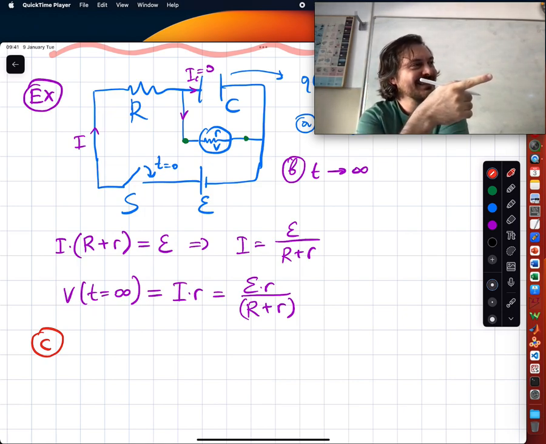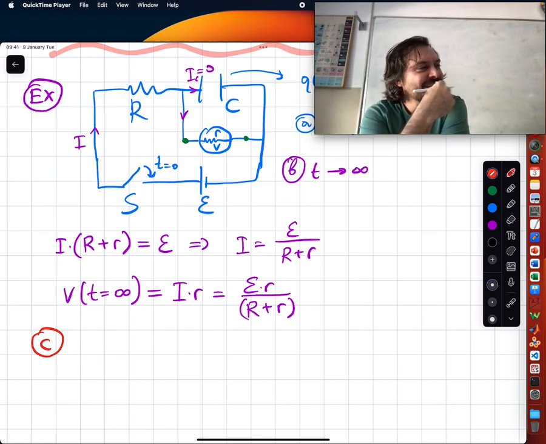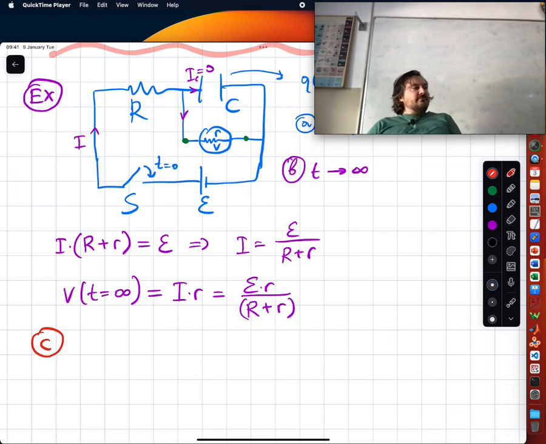If we assume that at t equals 0 there is a charge on the capacitor, can we say that a current passes through that capacitor at t equals 0? Are you asking what would be the solution if there was some charge on the capacitor?